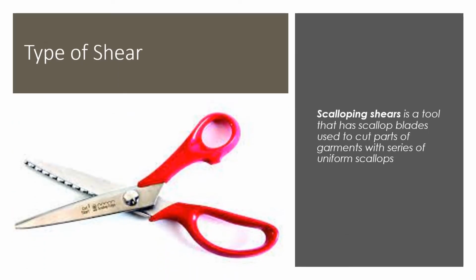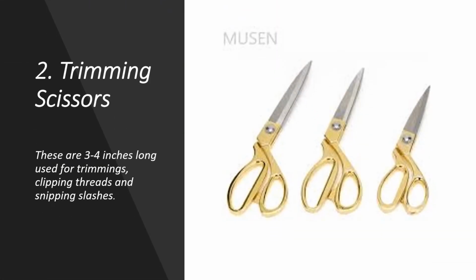Another type of shear is the scalloping shear. It is a tool that has scallop blades used to cut parts of garments with series of uniform scallops. Trimming scissors.